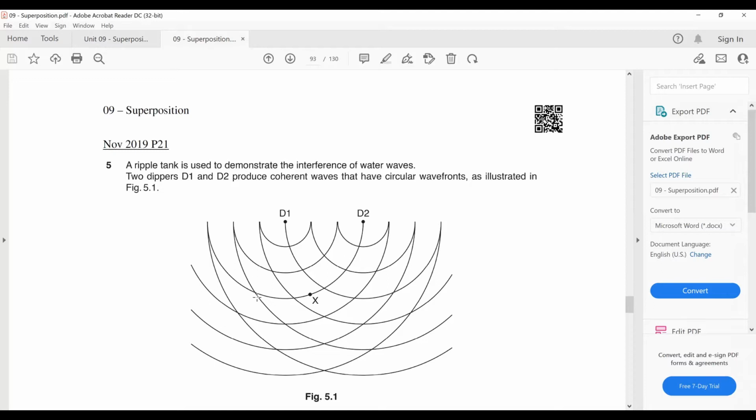For page 93, you have a ripple tank that is used to demonstrate the interference of water waves. Two dippers D1 and D2 produce coherent waves that have circular wave fronts as illustrated in figure 5.1. This is two source interference because you only have two sources producing the wave, D1 and D2.